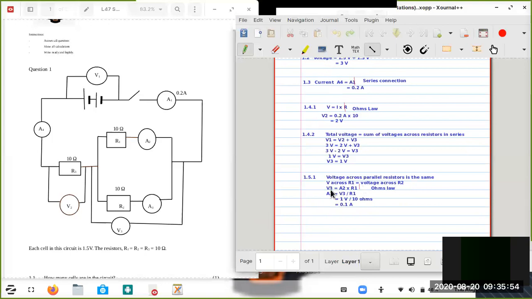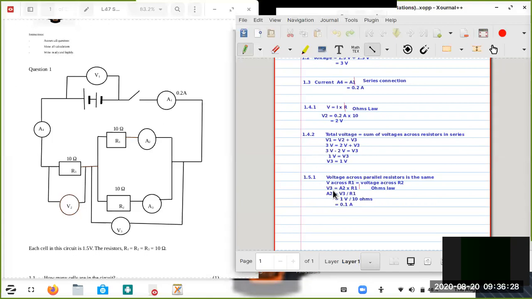Then we substitute by saying, looking at voltmeter number 3, by Ohm's law, voltage is equal to current multiplied by resistance. The current that we are going to make use of is the current flowing through resistor number 1, and we must also know the resistance of resistor number 1. In this case, the voltage across R1 is V3.